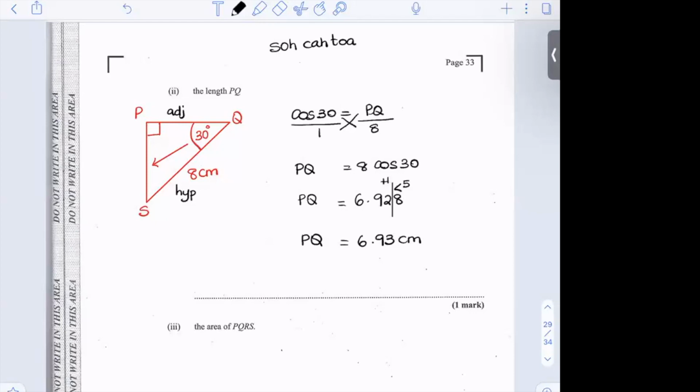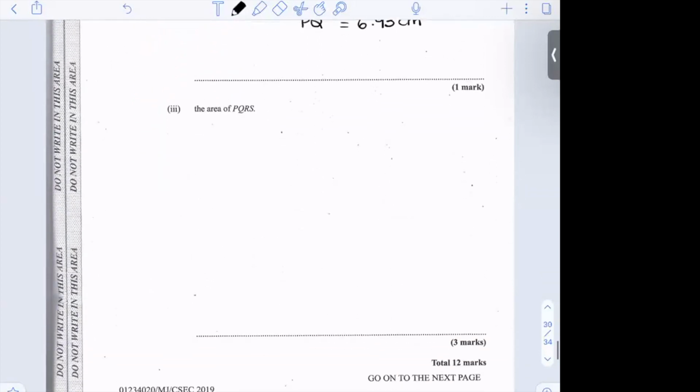It is centimeters. Are we finished? Yes, miss.